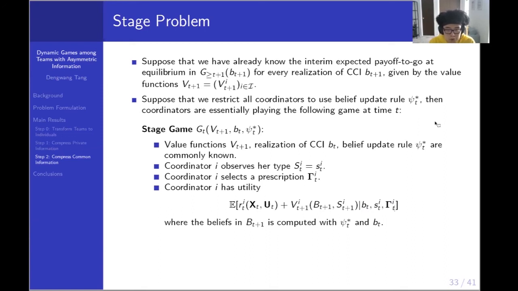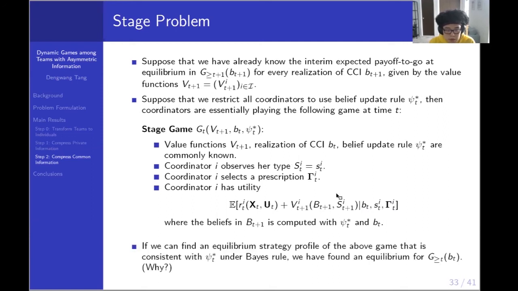So if you restrict the belief update rule to be some update rule psi t of star, then you have this nice stage problem. Then if we can find the equilibrium strategy profile in the above stage problem, and it happens that this equilibrium strategy profile is consistent with the belief update rule under Bayes' rule, then we have found the equilibrium for the game starting from time t.